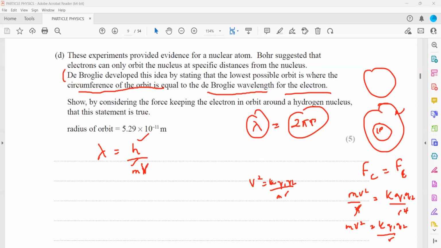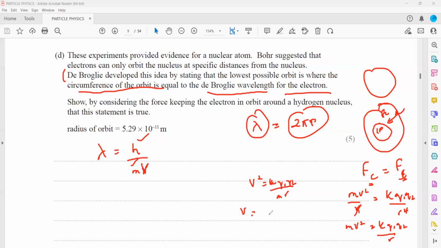The thing we need is v. As the electron moves in a circular path, there is a centripetal force, and because the centripetal force equals the electrostatic force, which is k q1 q2 over r squared, we simplify to get the value.